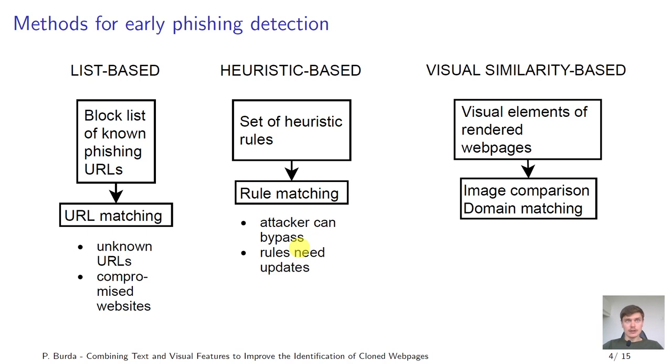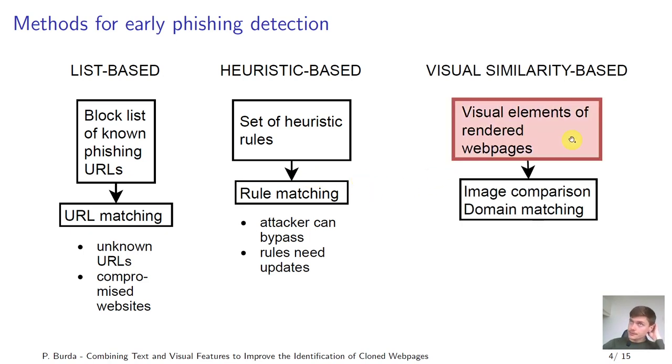But the phishers also started long ago to use SSL certificates as well. So these things have to be updated. And in general, attackers can act on different features that are invisible to the heuristic rules and are visible to the end user. And finally, we have the visual similarity-based methods, on which we focus in this work.